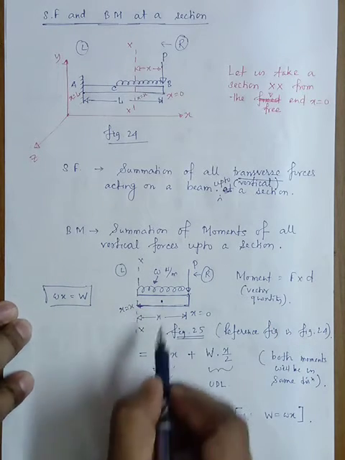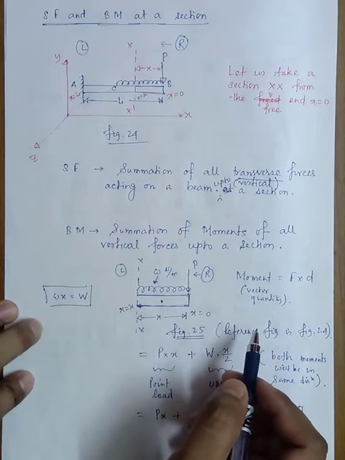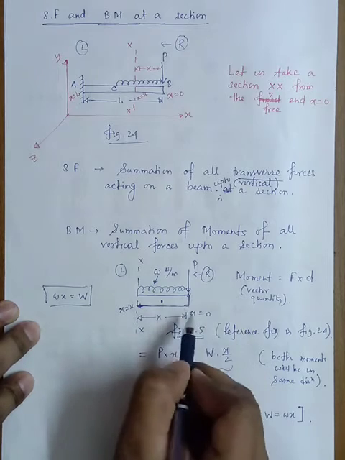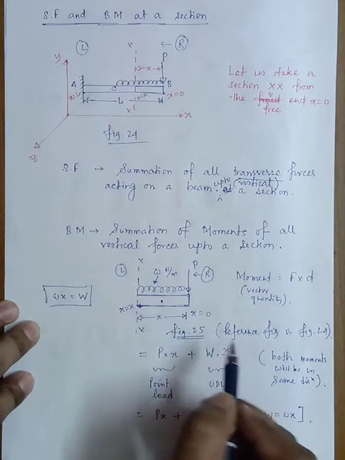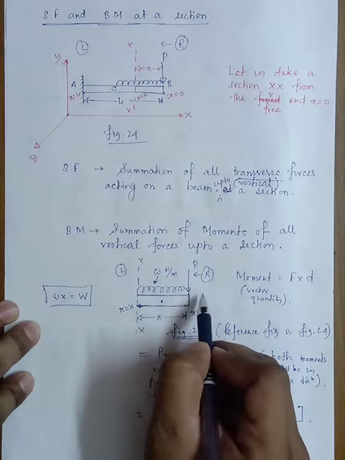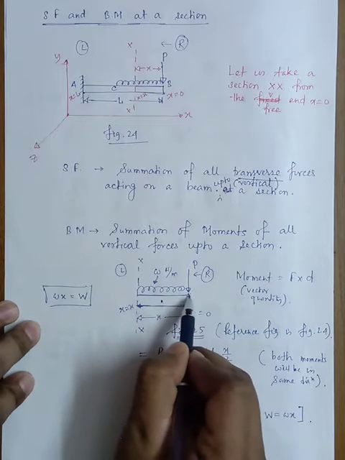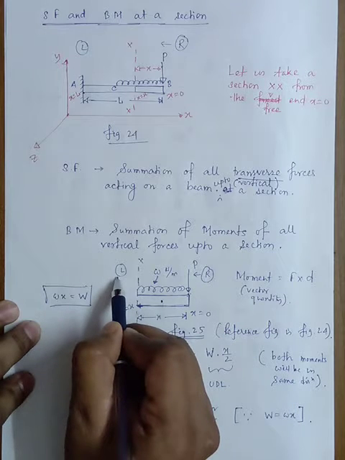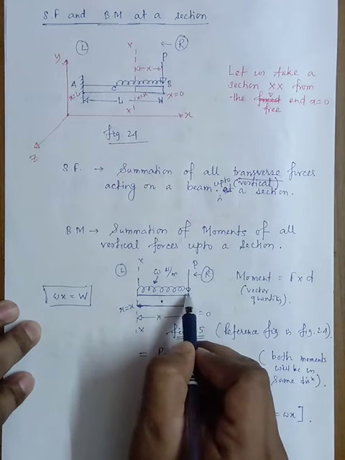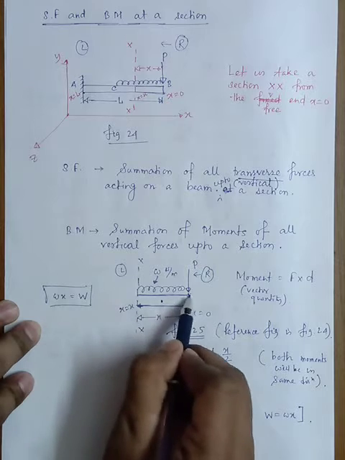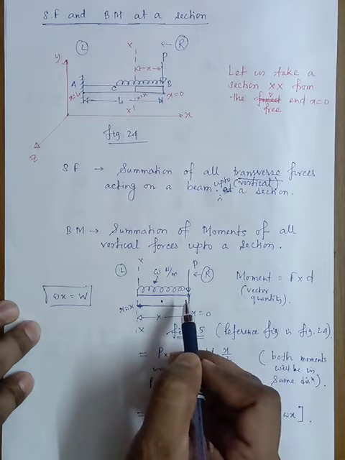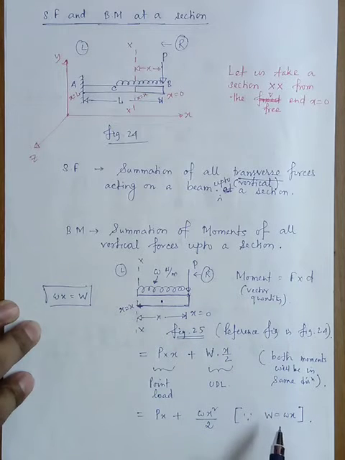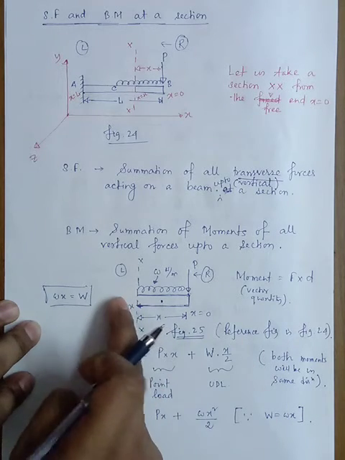Now I will not go into the details of the sign convention of the loads; I will cover it in the next portion. You need to remember that on the span of a beam, if you go from right to left, all the vertical loads acting on the top of the beam you are bound to take as positive loads, when approaching from the right hand side to the left hand side.